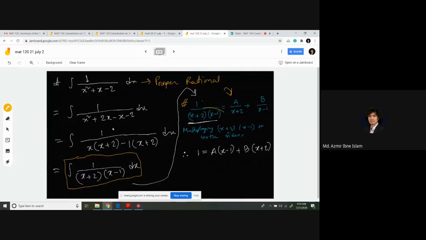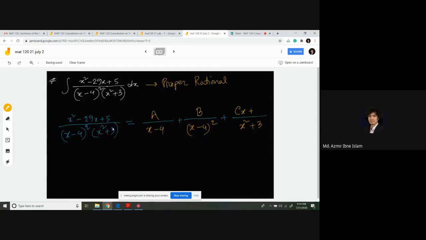Now what you have to do, already we have done the same technique previously, is to multiply the term that is in the left side denominator in both sides, here, here, here. In the left side denominator we have x minus 4 squared and x squared plus 3. If we multiply x minus 4 squared and x squared plus 3, finally you will get x squared minus 29x plus 5 equal to, so for this part, what will be the result?